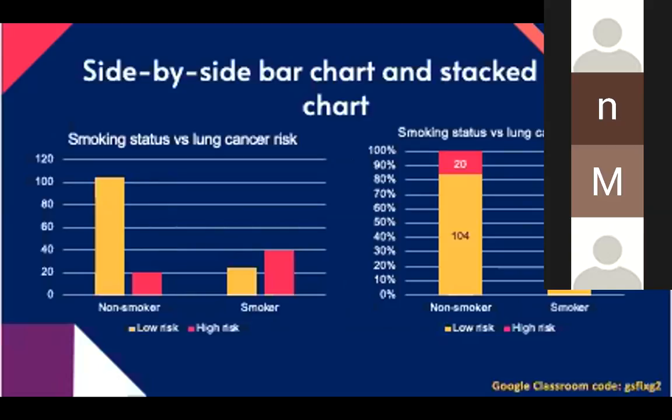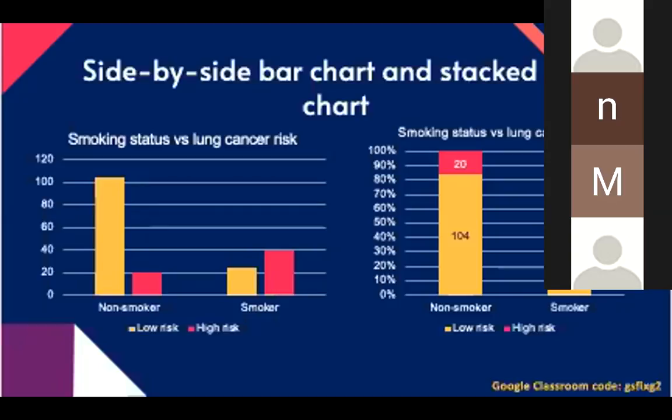So side-by-side chart on the left, for example, we focus on reporting the actual numbers. You can see on the y-axis is actually the numbers that you have, whereas stack bar chart on the right is focusing on reporting the proportion or percentages.